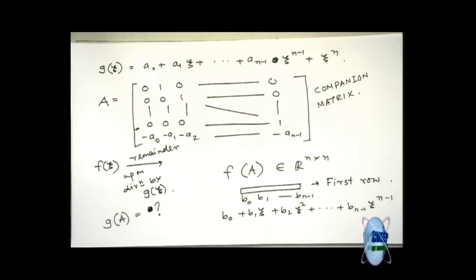Second row means it is the remainder upon division of xi times f of xi. Yeah? So in this case it will be xi times g of xi. So if you divide xi times g of xi by g of xi, then once again the remainder is 0. So the second row will also be 0. Third row will also be 0. All the rows will be 0.